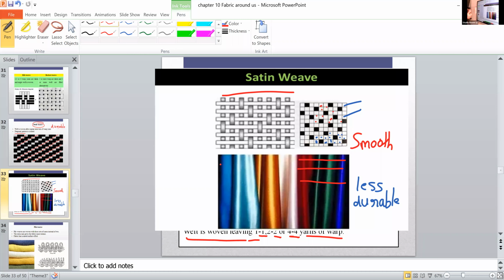Okay, is it clear? Any doubts, Anna? No, ma'am. So one side of the satin weave is very smooth. In twill weave, it has a diagonal pattern. In satin weave, one side is very smooth and it is less durable because of the warp yarns leaving some spaces. That is the satin weave.